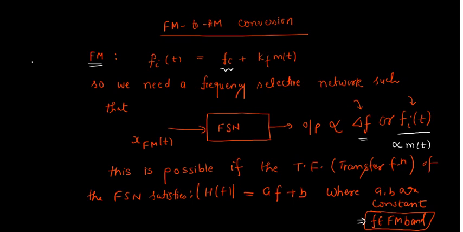So, our aim is to find the frequency selective network which possesses a transfer function with this property, that the magnitude of the transfer function is Af + B.